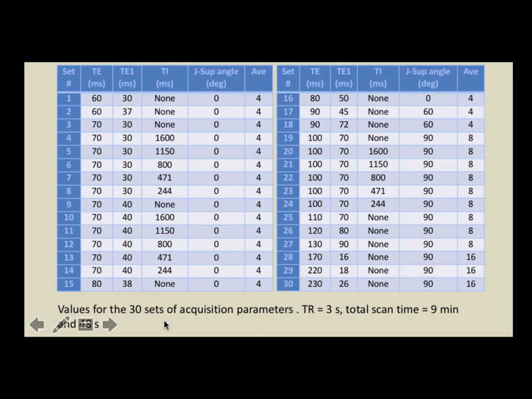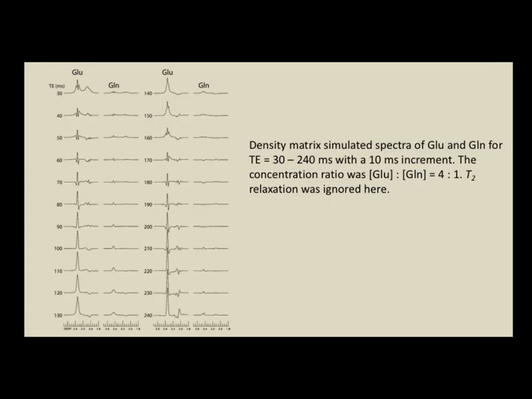How do we choose these TE values? We use simulation. These are the simulated glutamate and glutamine peaks at different TEs. We can see at a very short TE, the glutamate peaks are not very good. They are broad and have a low amplitude. It's not good for quantification.